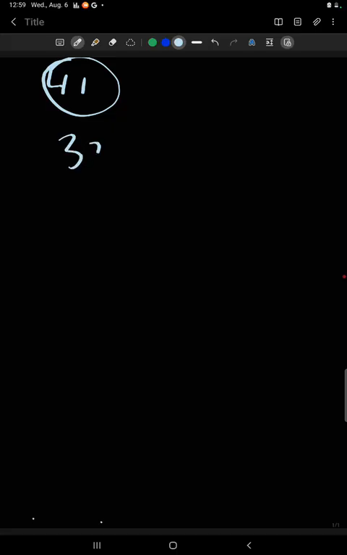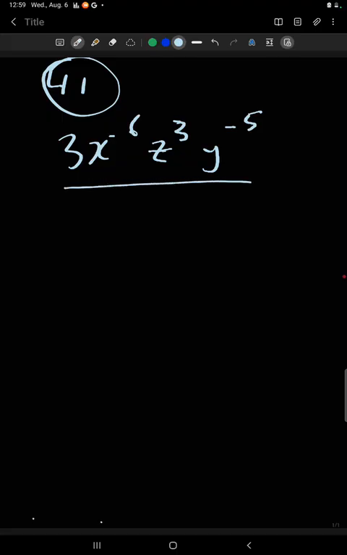It's 3x to the power negative 6, z to the power 3, and then y to the power negative 5, all of that divided by 24. So at any rate, this is divisible by 24.